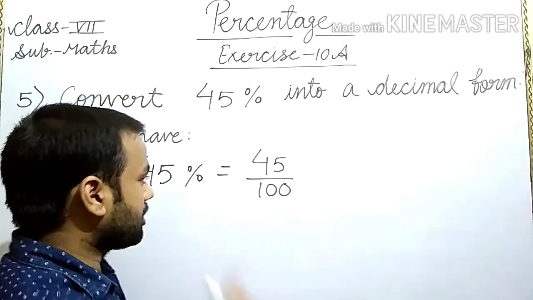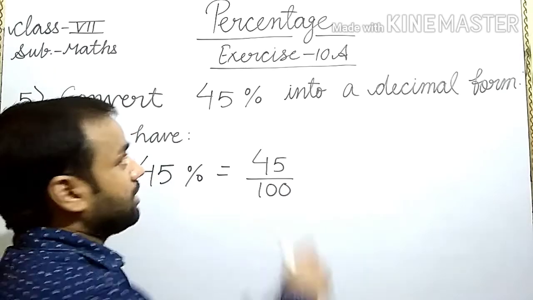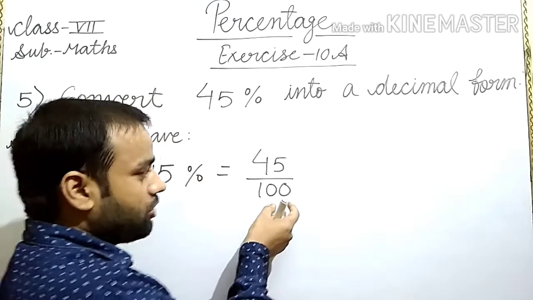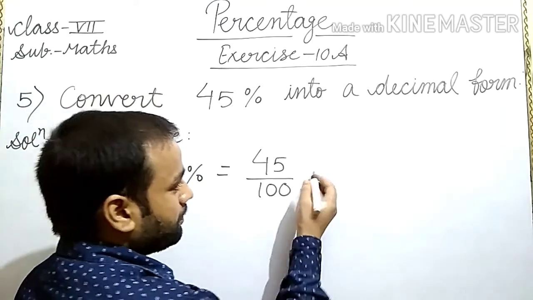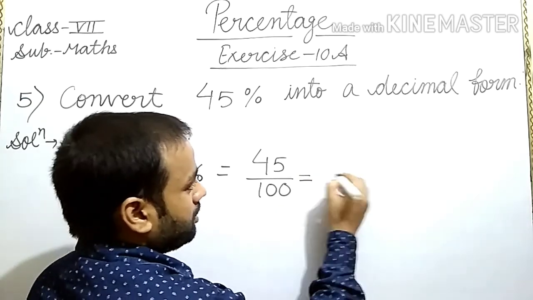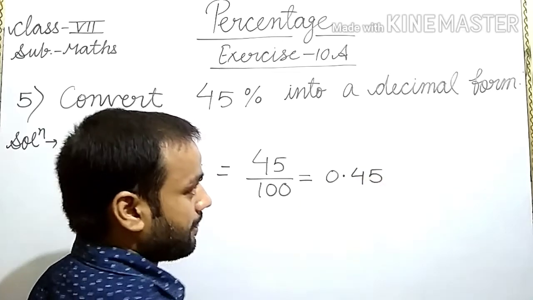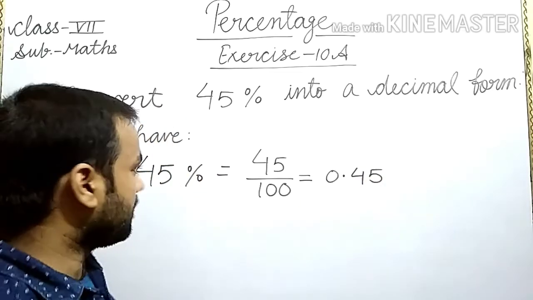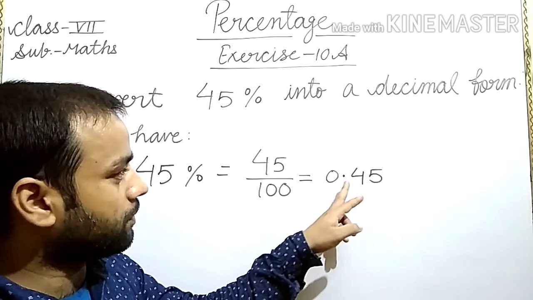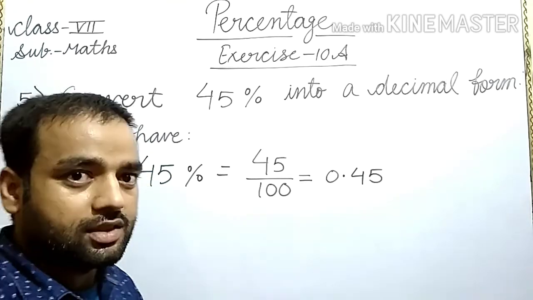So this percentage is converted into a fraction, but lastly we change it into decimal form. Here the denominator is 100. Put the decimal after 2 digits on the right side. The 0.45. So lastly we get 45% is equal to 0.45 in decimal form. Is it clear?